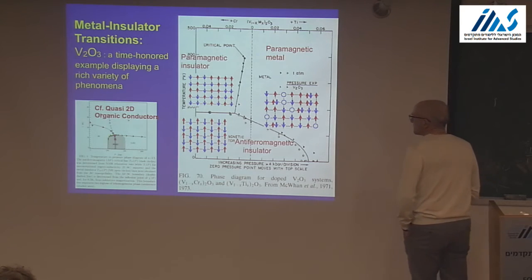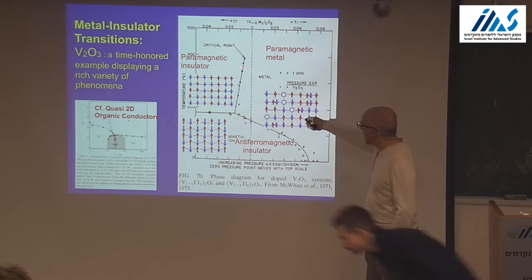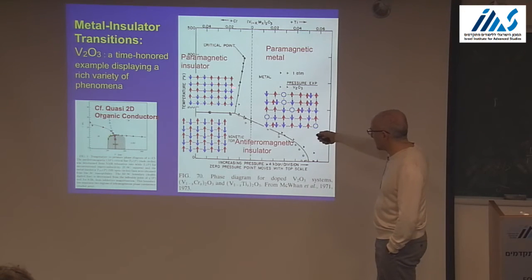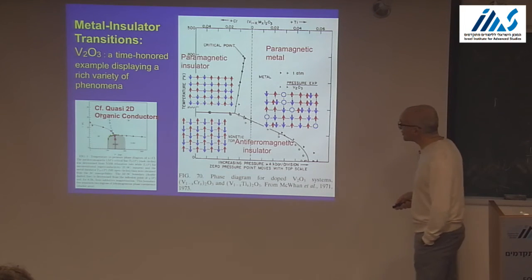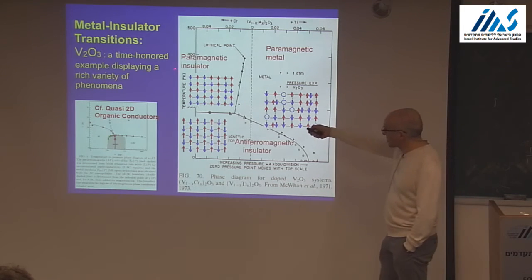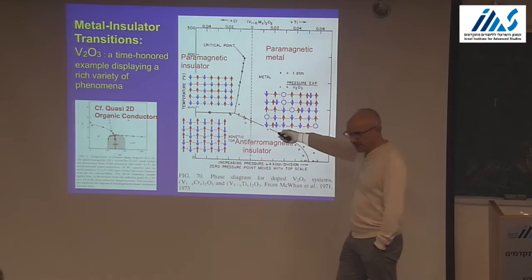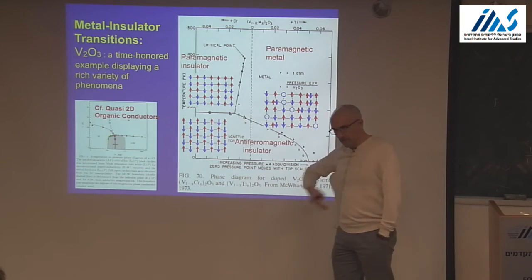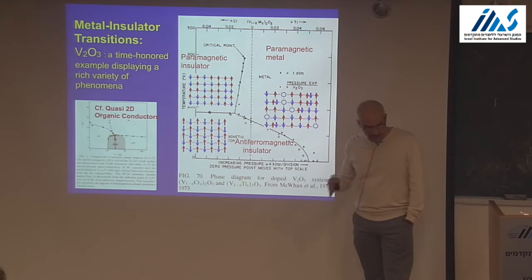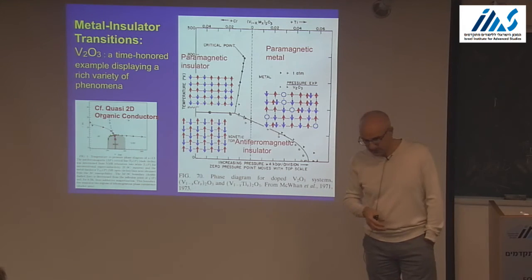You already see a fairly complex phase diagram here. If you look at high enough temperature in this range, above 170 K or so, what you see is that at low pressure, the system is an insulator. It's an insulator with local moments present, has some Curie-Weiss susceptibility.